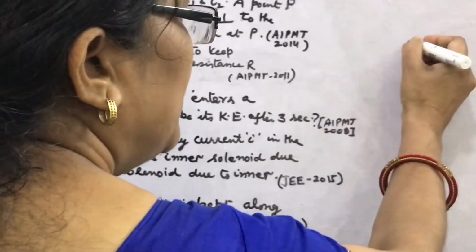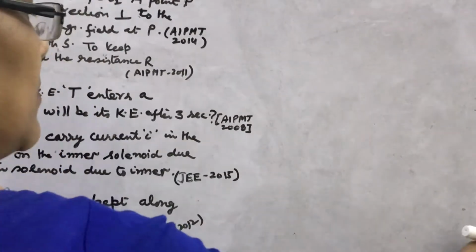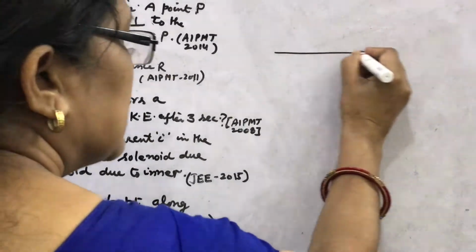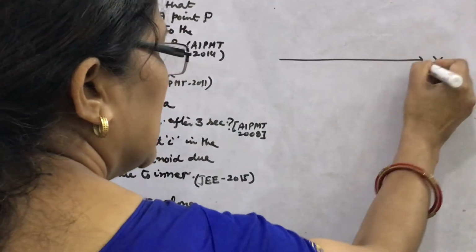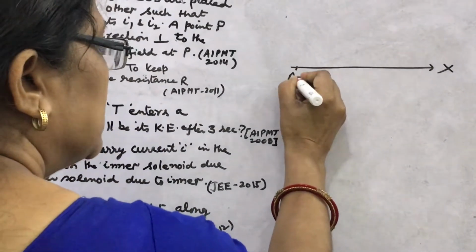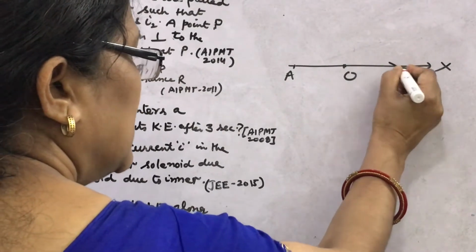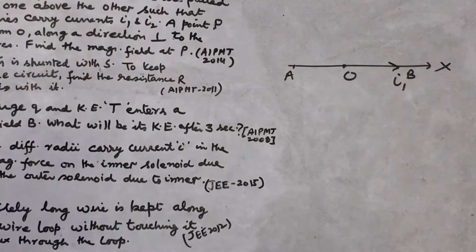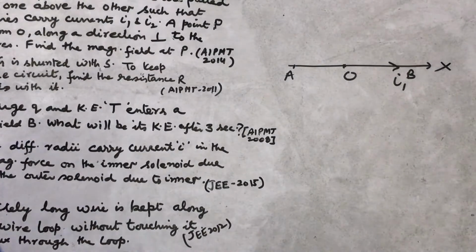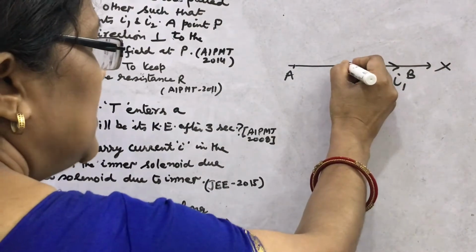So, what will you do? How to solve it? Look, this is the x-axis. Suppose in this direction the wire is AOB and the current is I1. We have to assume all three axes.